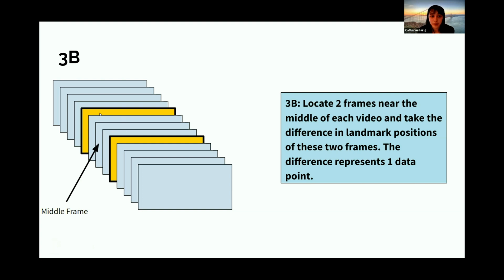If the difference in the positions of the poses is very small near the middle, when the dancer is towards the bottom, that could signify that the dancer is just sitting at the bottom for a long time rather than smoothly going up. And if the difference is too large, that could mean that they are moving too quickly back up or down. So we would want the difference to be not too large and not too small. We did this for every video, taking the difference between 2 frames, so that represents 1 data point per video.